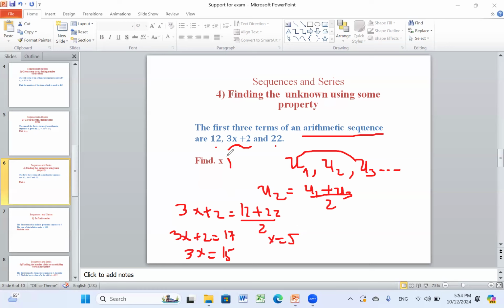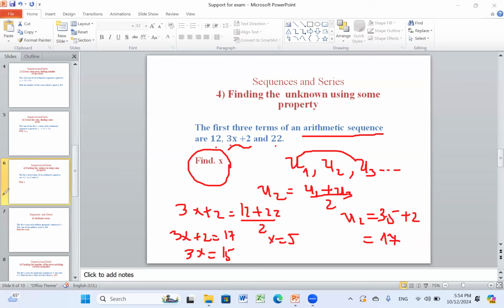So actually we are requested to find x, it's 5. Sometimes we are requested to find the term. If we are told to find U2, the second term would be 3 times 5 plus 2, because instead of x, we place 5, so it's going to be 15 plus 2, which is 17. So our arithmetic sequence is 12, 17, and 22.